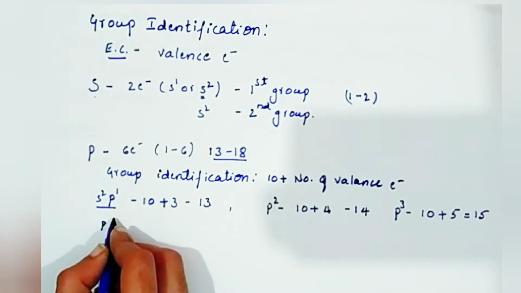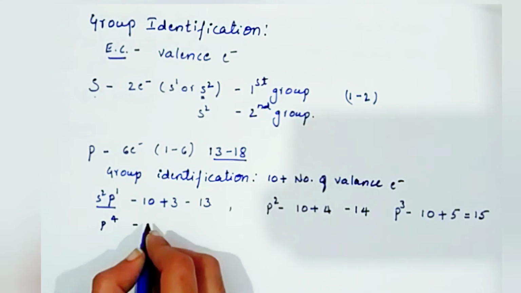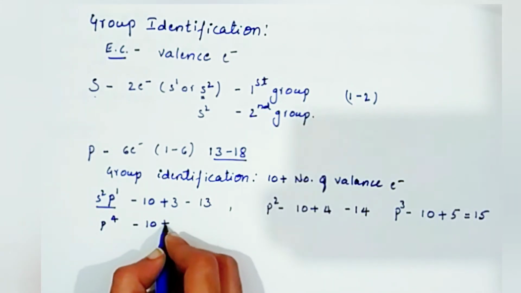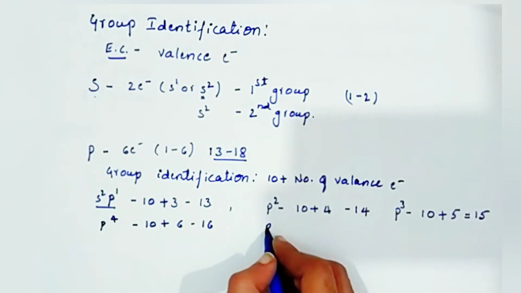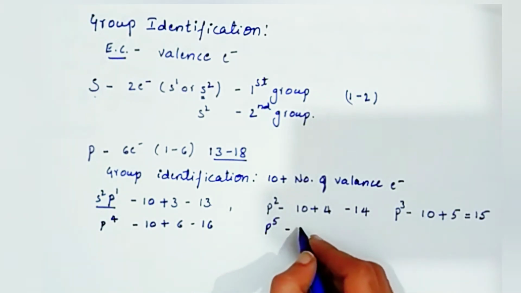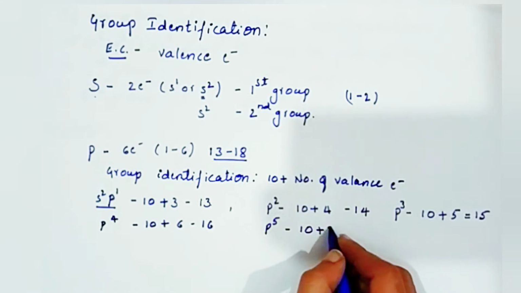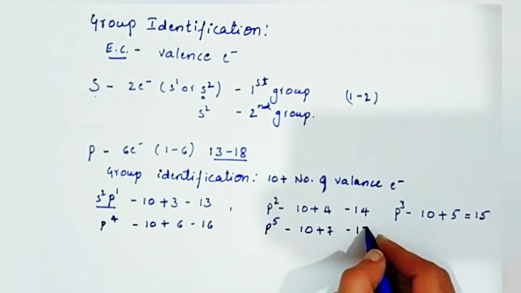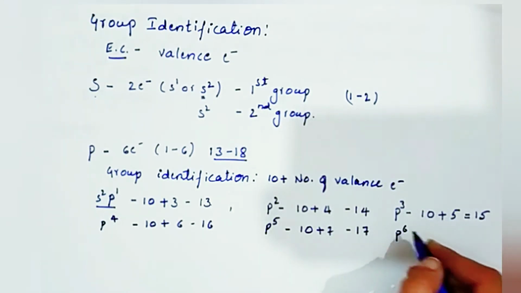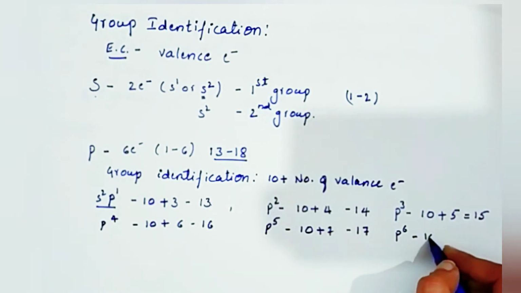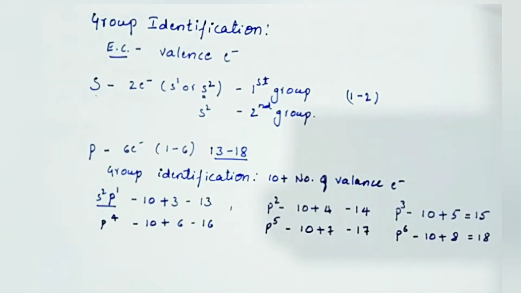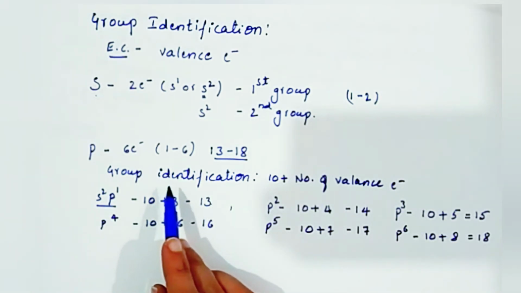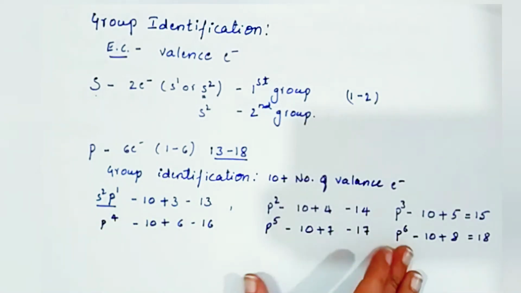If it is p4 configuration, then it is 10 plus 6, so it belongs to the 16th group. For p5 configuration, it is 10 plus 7, so it belongs to the 17th group. And for p6 configuration, it is 10 plus 8, so it belongs to the 18th group of the periodic table. So this is for p orbital.